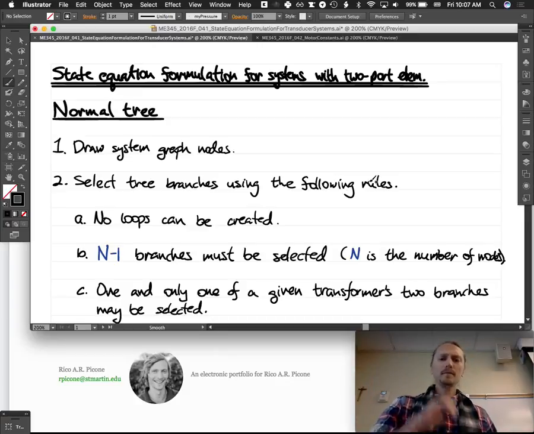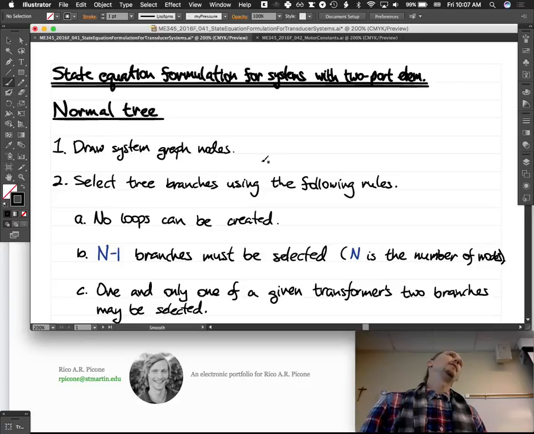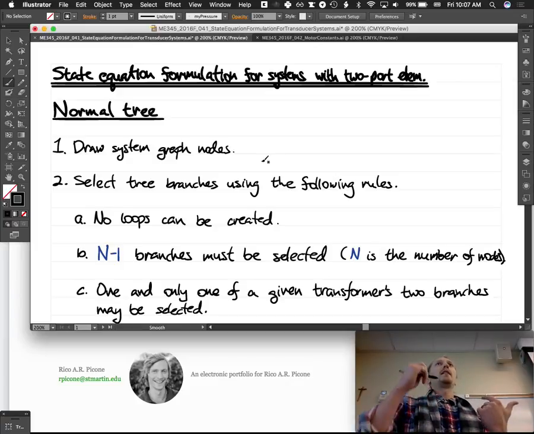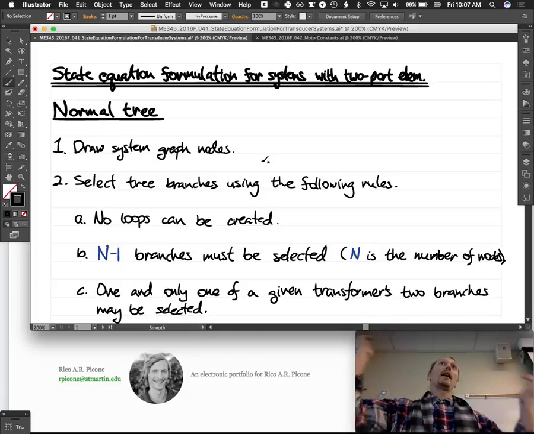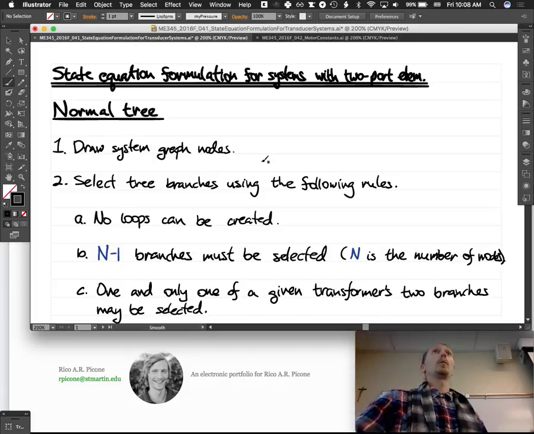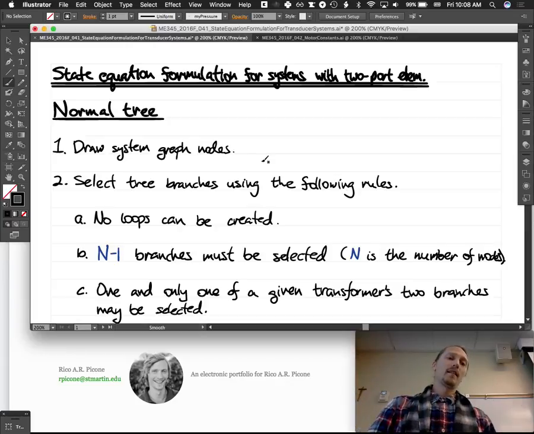The first step is the same, draw the system graph nodes. Remember, we often skip that because the only reason to really draw the nodes is to remember that you have to connect to every node in the graph if you're going to have a full normal tree. So that's a good check on yourself.